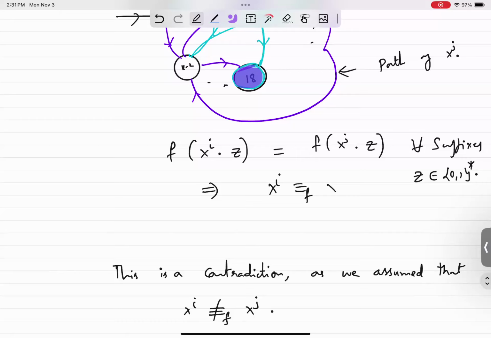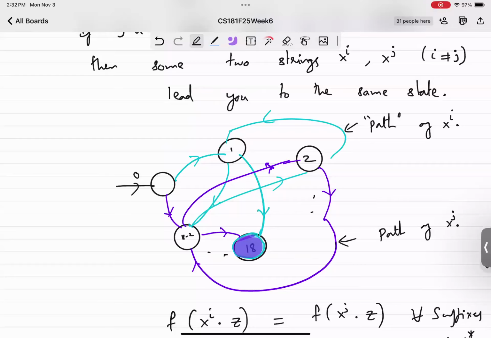Okay, so automata have this very strange restriction that once you collide, you cannot peel them apart afterward with the same input. Yeah? Okay, so this is all assuming that the state they're colliding at is where xi and xj end up. Yeah, that's the end point. So you run xi through the automaton, you end up somewhere.